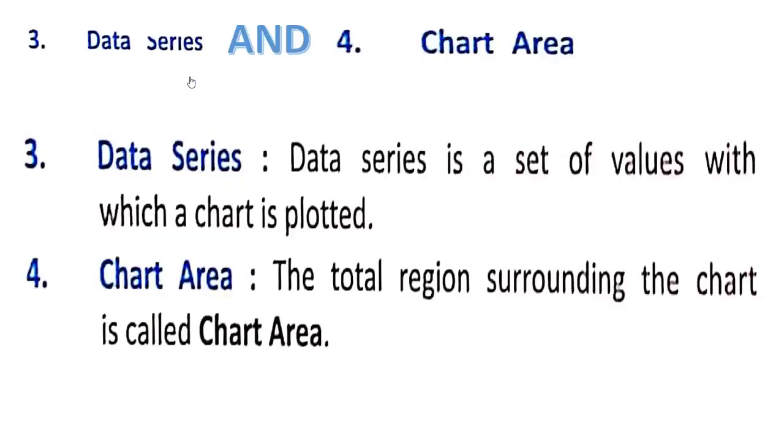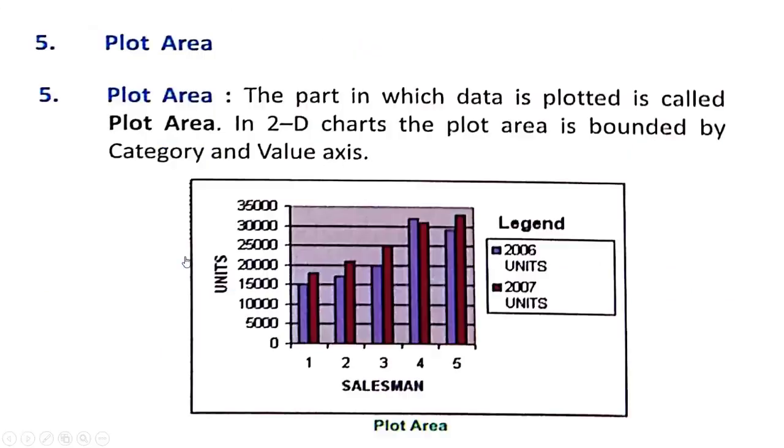Data series. Data series is a set of values with which a chart is plotted. Chart area. The total region surrounding the chart is called chart area. Next is plot area.